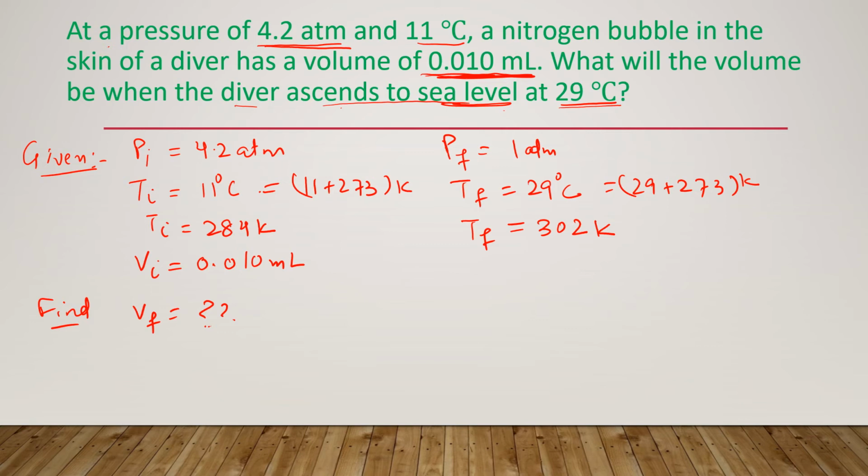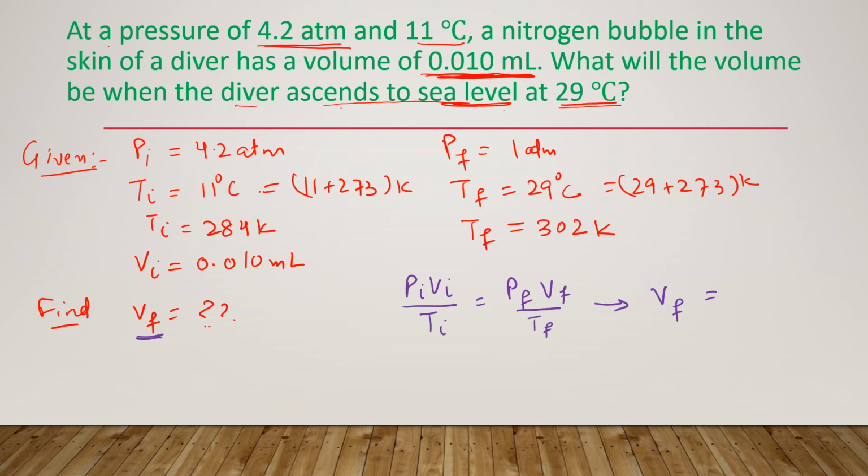Okay, so according to the combined gas law, Vi times Pi divided by Ti is equal to Pf times Vf divided by T final. Now the unknown is Vf, so let's reshuffle the equation to have the unknown value on the left hand side, and everything else on the right hand side.